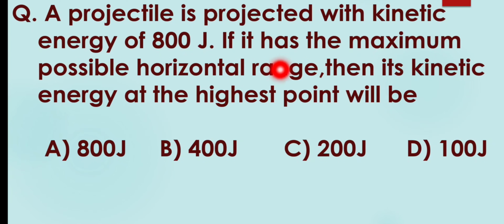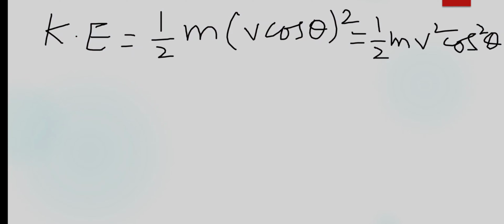As the projectile is projected with the kinetic energy of 800 joule and it has the maximum possible horizontal range, the angle is 45 degrees, since the horizontal range will be maximum at 45 degrees.